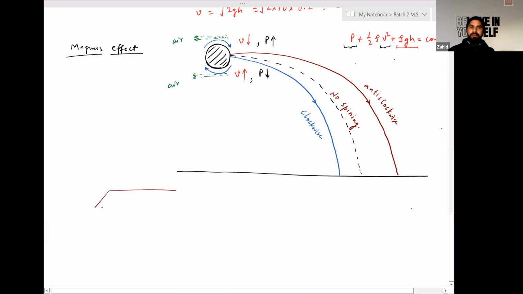Suppose you have a paper strip in which I have just enfolded some of its end like this, and air is passed over it along this direction with some velocity v. So in which direction do you think this enfolded paper will move? Towards downward or towards upward?